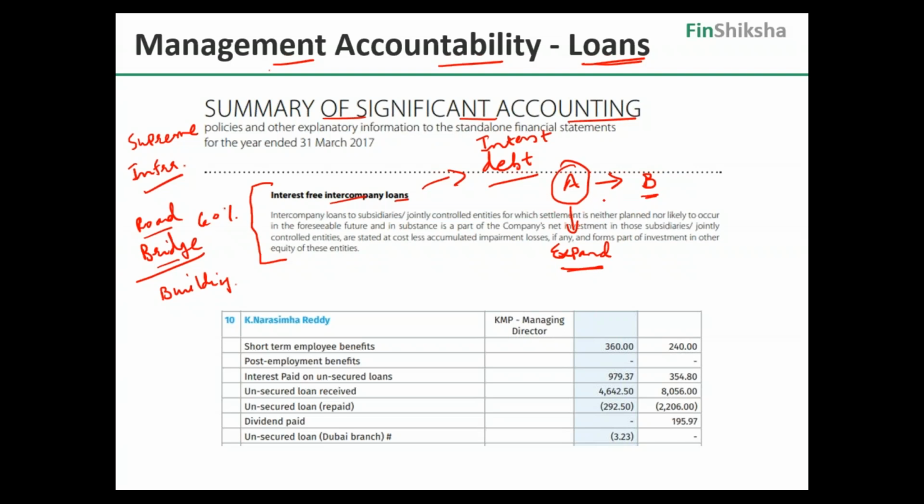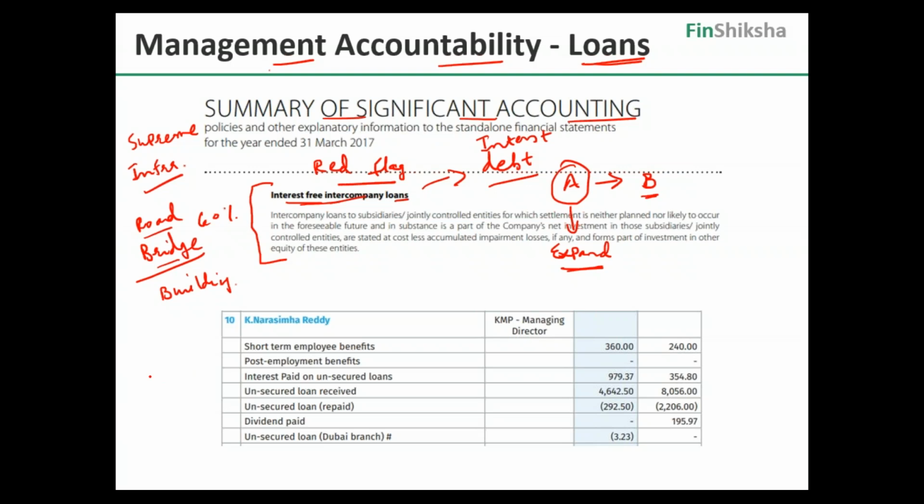But here the companies have given interest-free loans. That's a first red flag. This should not happen in any case. And there are a lot of companies, at least in Indian equity markets, where interest-free loans are given to subsidiary companies. So that's the first red flag.